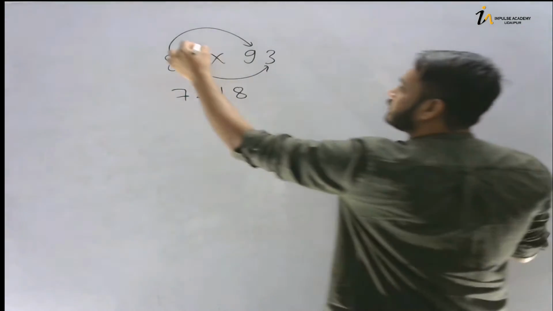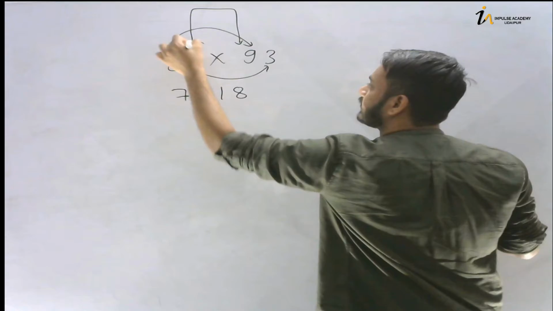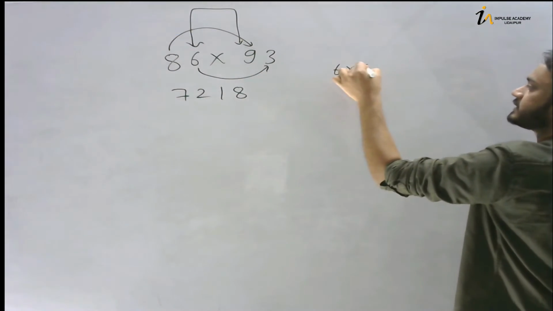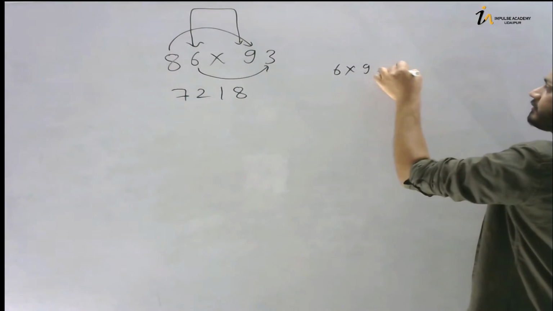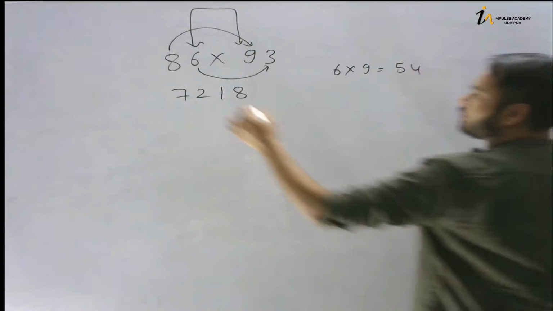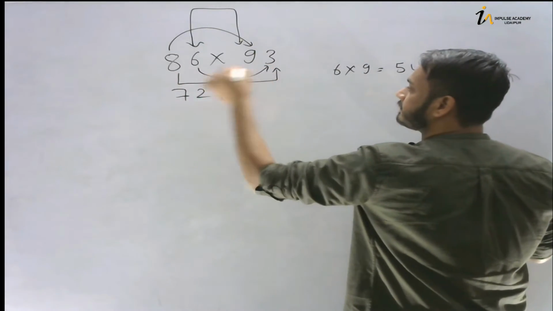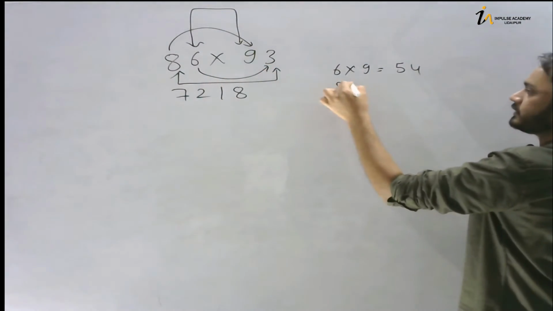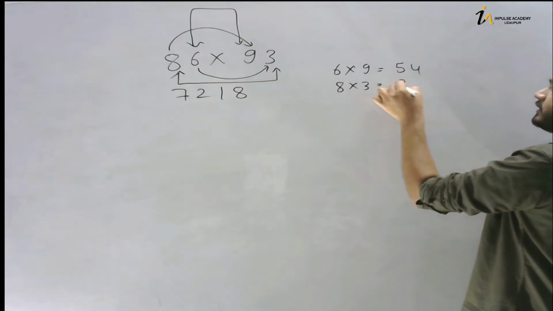Now we multiply 6 into 9, 6 nines are 54. Now 8 into 3 will be 24.